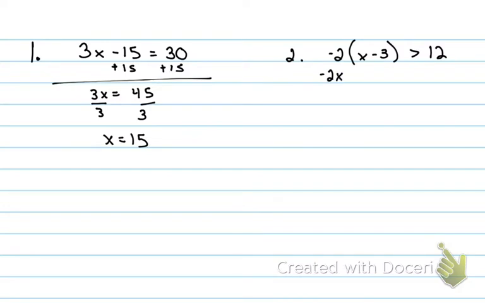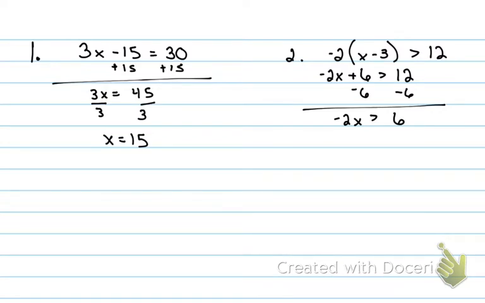Negative 2x, is it going to be plus 6 or minus 6? Negative 2 times negative 3 is what? Plus 6. Positive 6 is greater than 12. Now you're going to subtract 6 from both sides. Negative 2x is greater than 6.